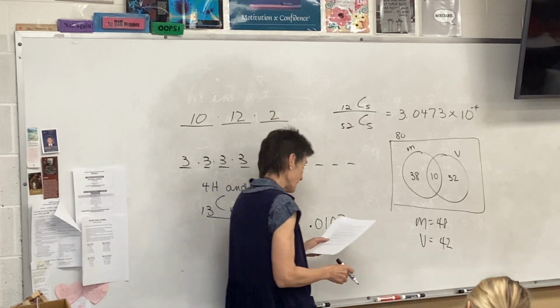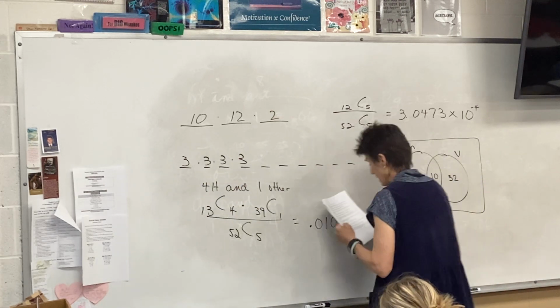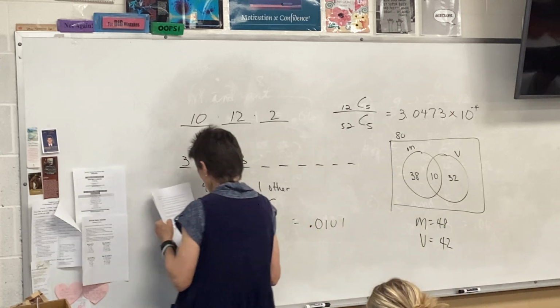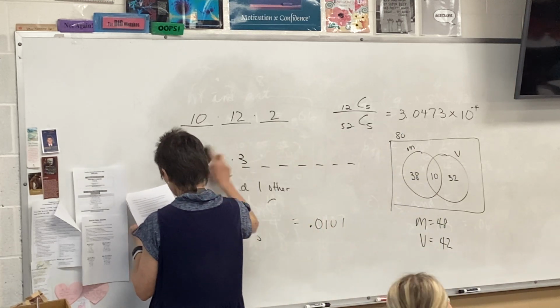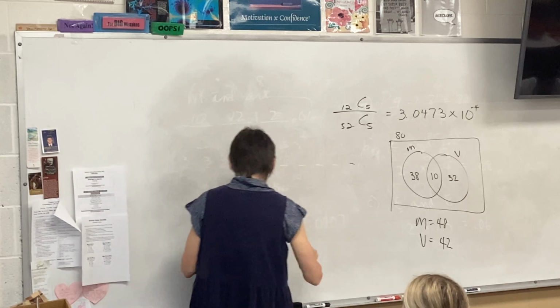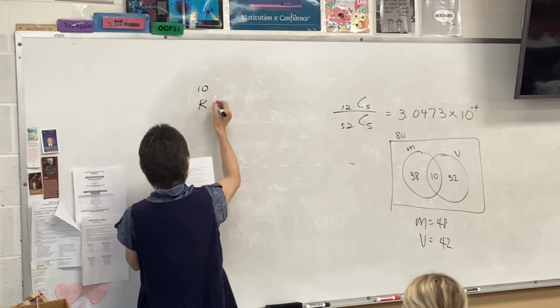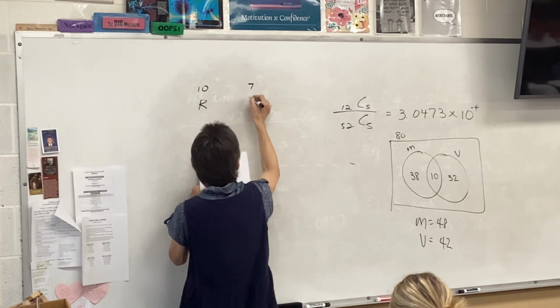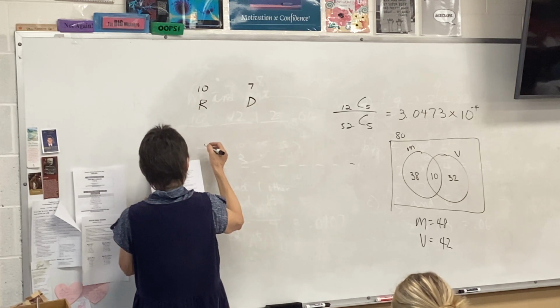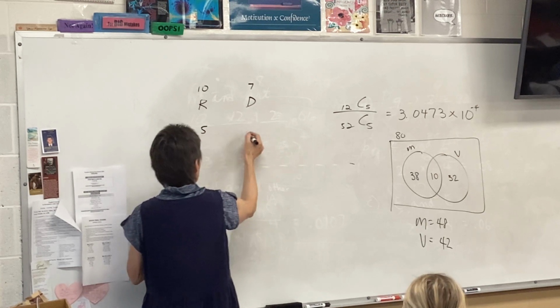How many committees of 5 Republicans and 3 Democrats can be chosen from a group of 10 and 7? So I have 10 Republicans total and 7 Democrats total. And I have to pick 5 Republicans and 3 Democrats.